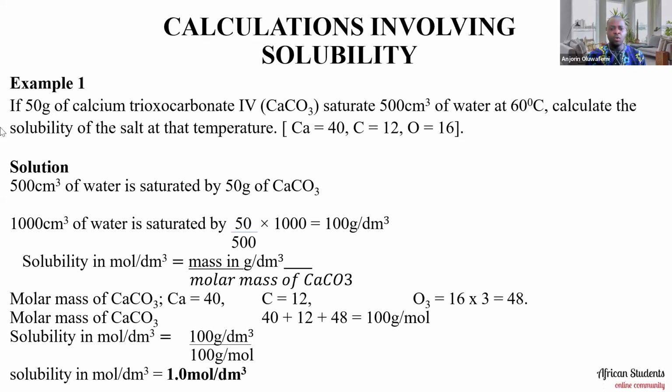Once we had all the relative atomic numbers together, we have a molar mass of 100 gram per mole. So we bring that into the formula: solubility in mole per dm cube equals mass in gram per dm cube over molar mass of calcium carbonate. So that will be 100 gram per dm cube divided by 100 gram per mole. When we do the division, the solubility equals 1.0 mole per dm cube.